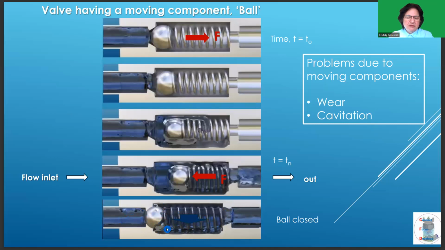Then bubbles will start, and then there will be a vacuum. We will have two-phase flow instead of single phase, that is the cavitation. So these are two problems of the ball valve because of the moving components. So how can we get rid of these drawbacks? Can we use or develop a valve without a moving component?